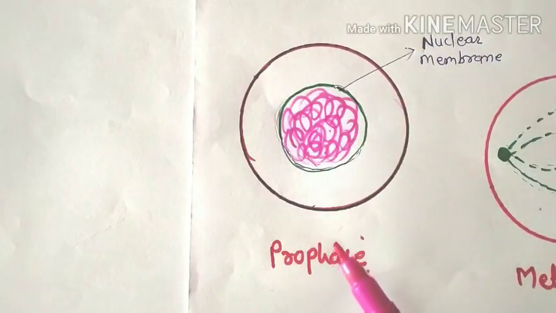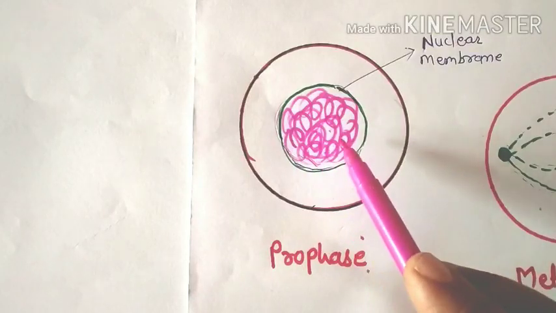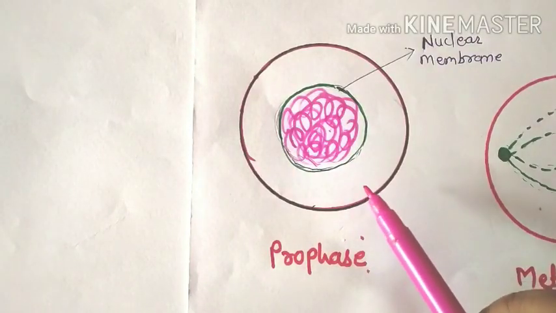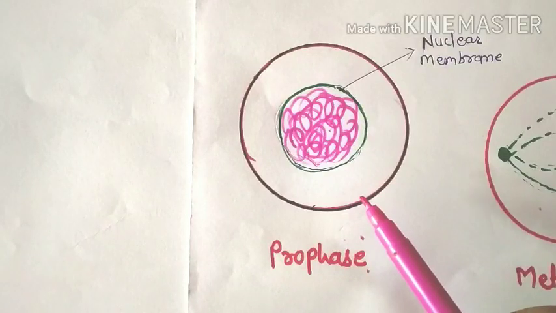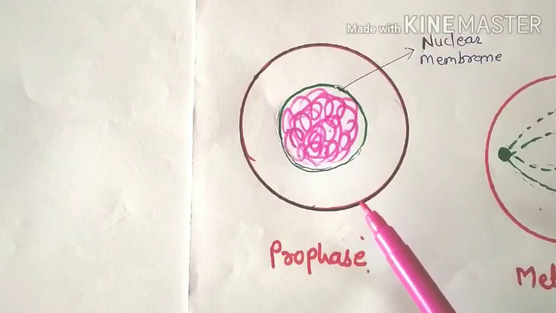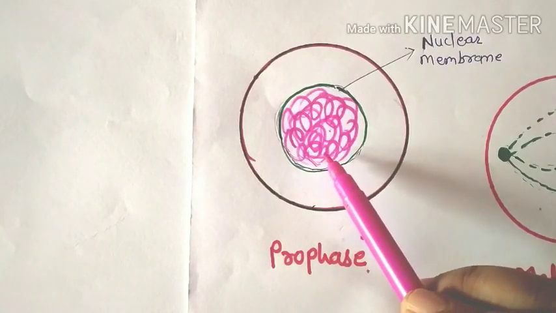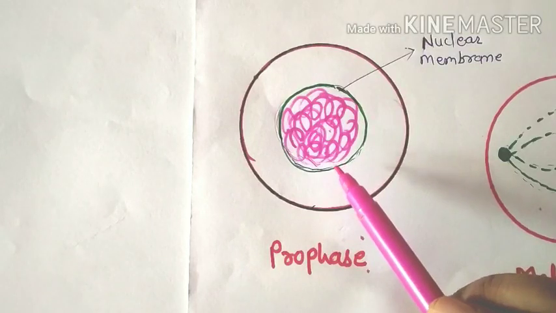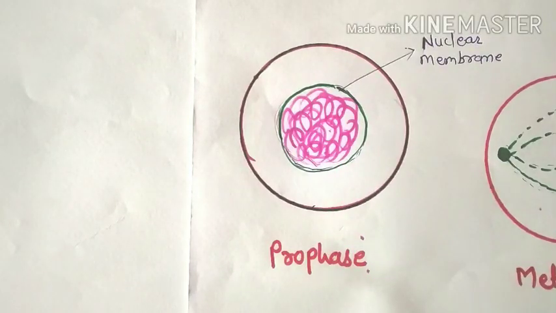So this condensation starts in the prophase, and it becomes short and thick. After condensation, it appears along with pairs of sister chromatids.